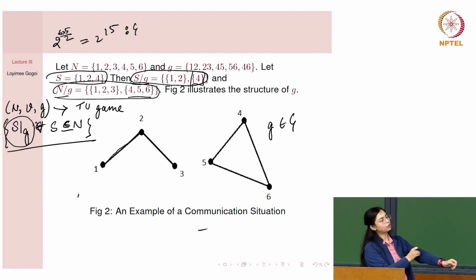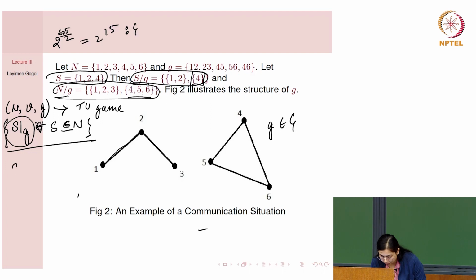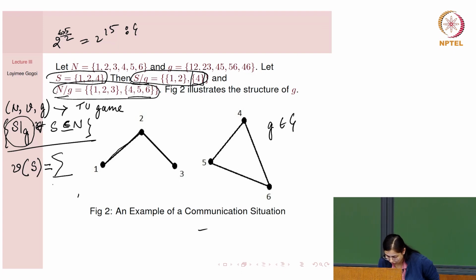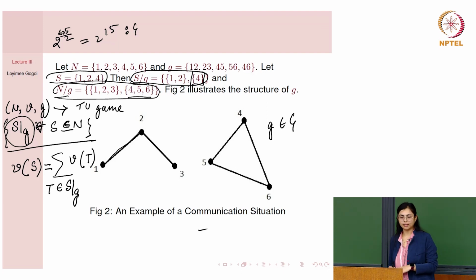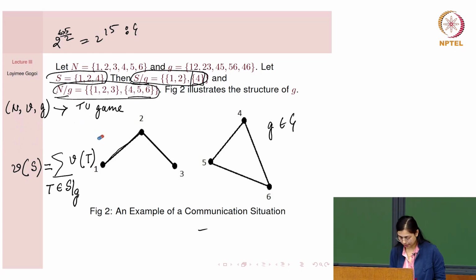So how can we define it? V of any S, where T belongs to S over Z. This is the standard definition, but let me explain with this example.